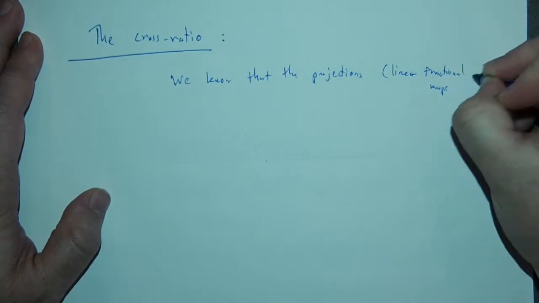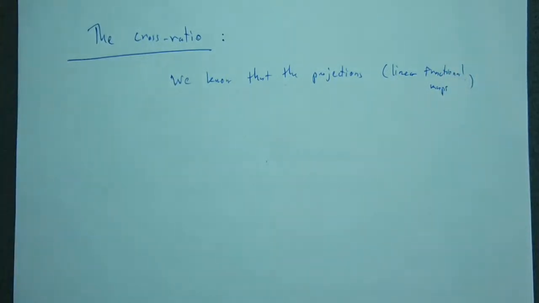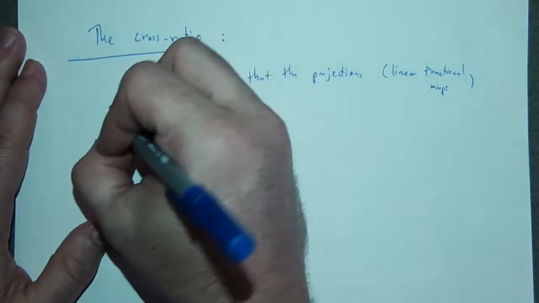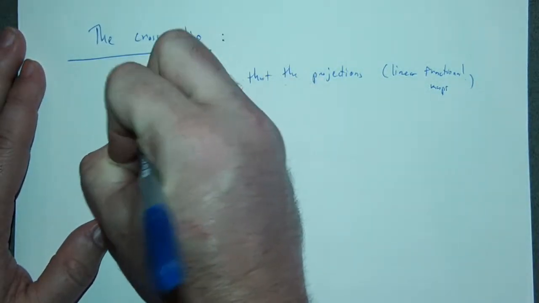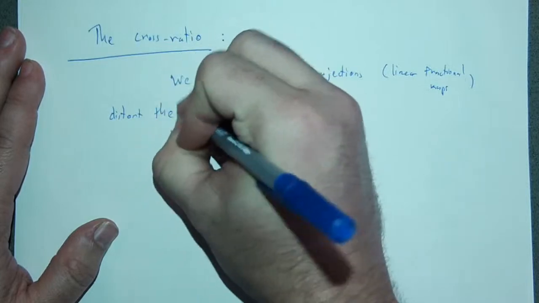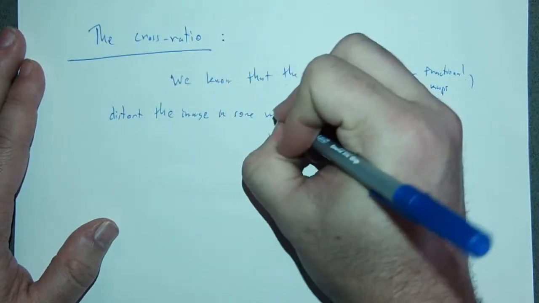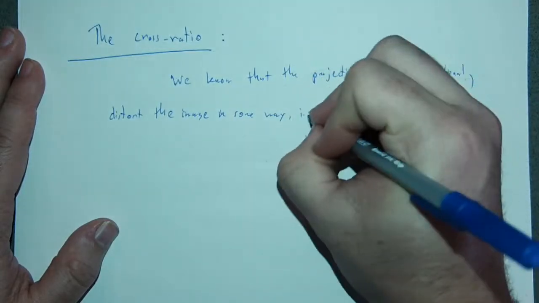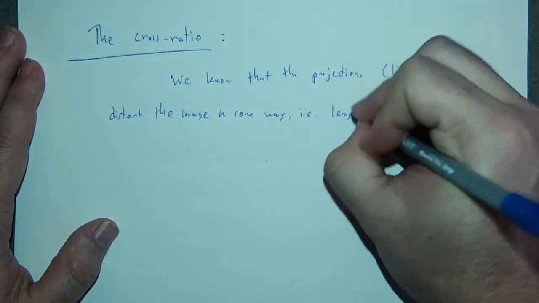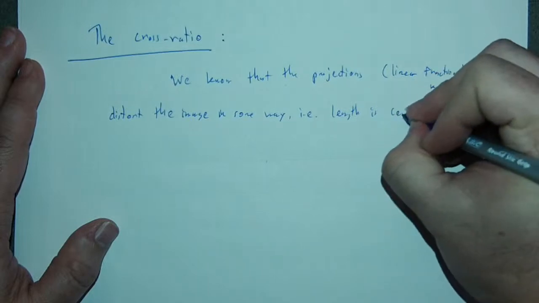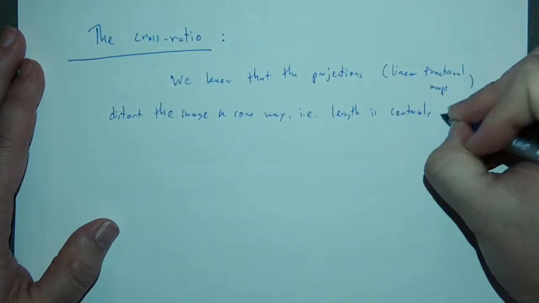Projections are these fundamental transformations of projective geometry, but of course, they're associated with these linear fractional maps. So we know that projections distort the image in some way, i.e., length is certainly not preserved.